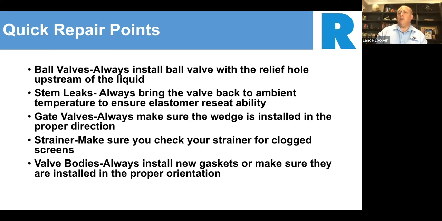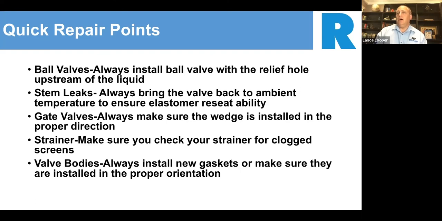So it's very critical that you have that hole in there. If you're ever installing these, make sure that you close the valve, look for that hole, and make sure that it's upstream of the liquid flow. The indicator is that if you install this and you have product leaking downstream of the valve, and you had that hole in there, it was installed the wrong way 99.9% of the time. So something to always keep in mind.